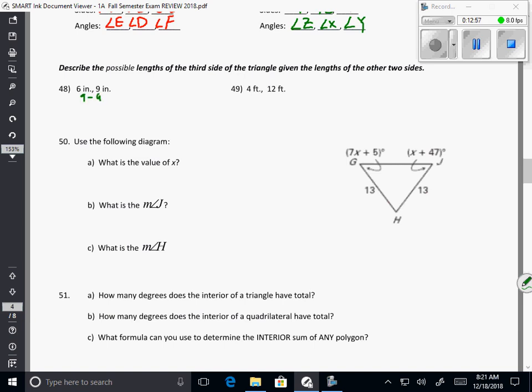So 9 minus 6 is 3. So that third value, we'll call it x, has to be bigger than 3 but less than 15. Otherwise, they won't reach.